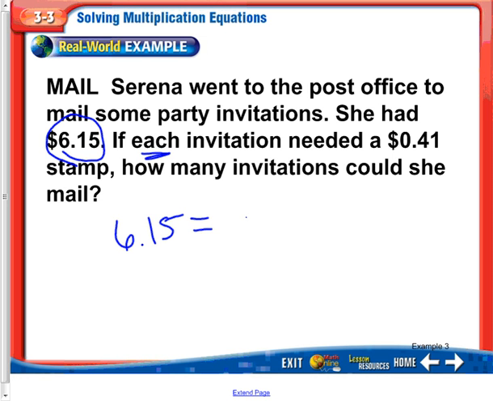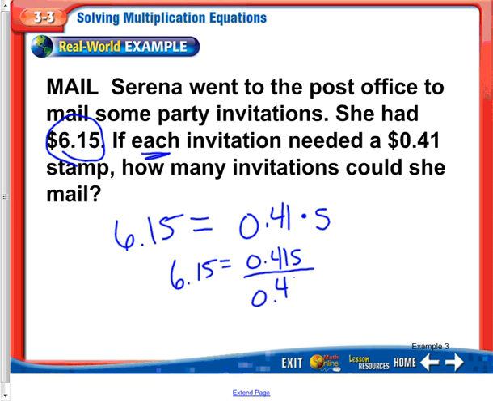So I'm going to do 0.41 times the number of stamps. So if I want to rewrite that, I could do 6.15 equals 0.41s. And again, I'm going to divide by the coefficient of my variable s. Whatever I do to one side, I have to do to the other. So I want to figure out how many stamps I can purchase.